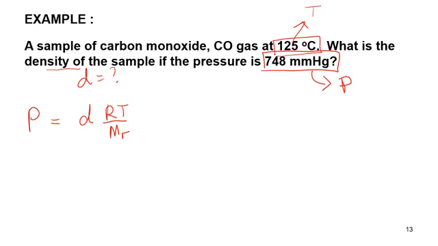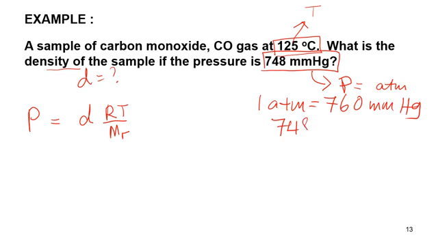So, kita gunakan pressure kat situ berapa dia bagi? 748 mm mercury. Bila kita terus masukkan dalam formula kat sini, kita kena convert to the atm unit. Betul? So, how to convert? Yang penting pelajar akan tahu 1 atm is equals to 760 mm mercury. So, kita akan convert 748 mm mercury bahagi dengan 760. So, dapat berapa kat situ?